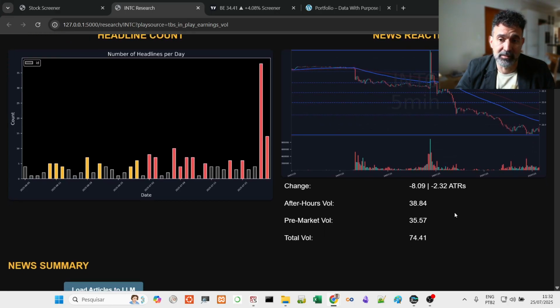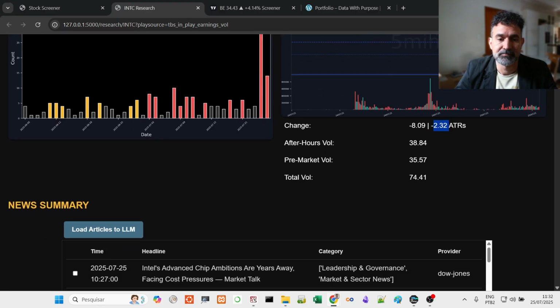It has moved like 2 times its ATR already, and the volume during pre-market and after hours, in total, of course, is in relation to the relative volume on past sessions. So we can see that one piece of information supports the other.